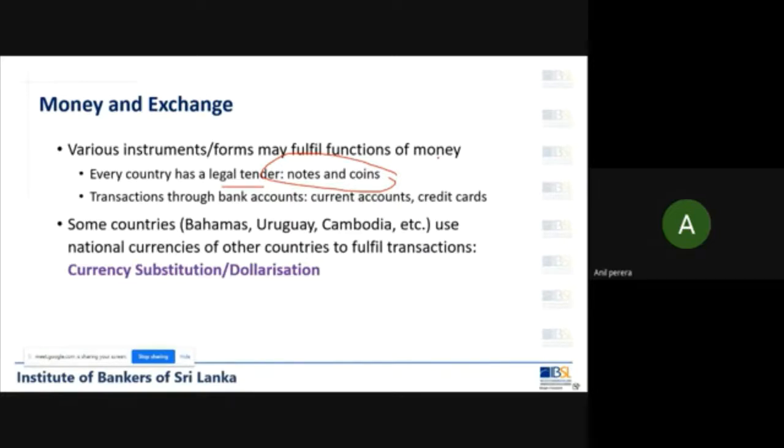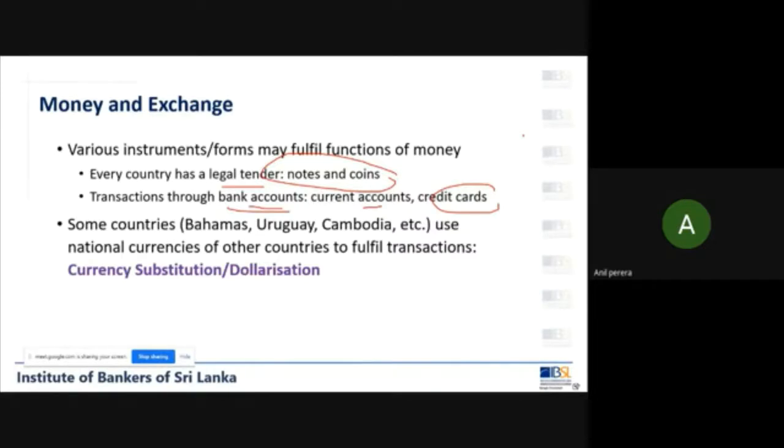What are these methods? Basically, you can do transactions through bank accounts. So in the banks, you have various accounts. There are current accounts, savings accounts, long-term accounts, which means fixed accounts, even credit cards. All these help to perform the transactions in the economy.